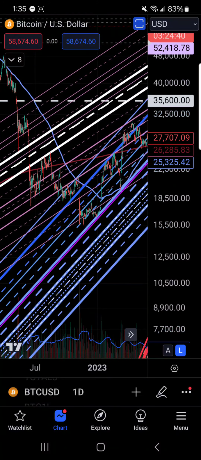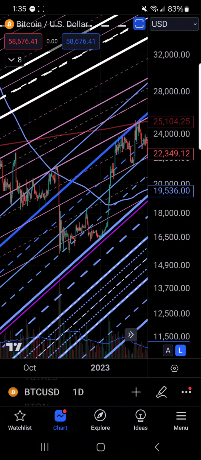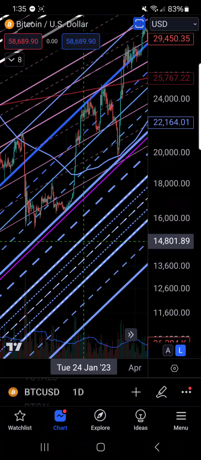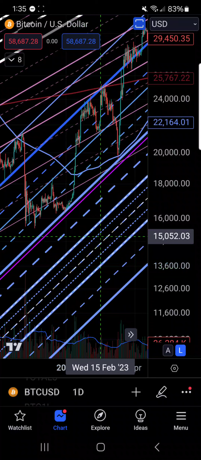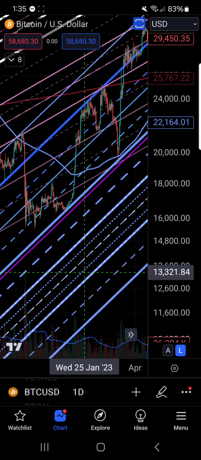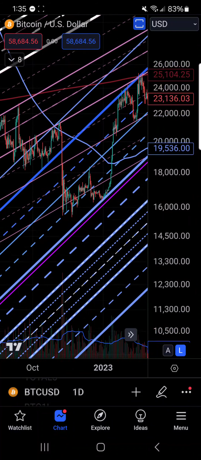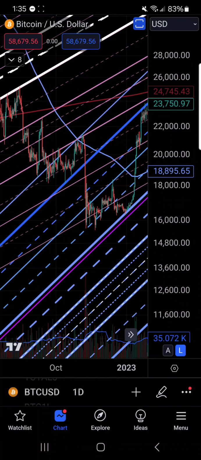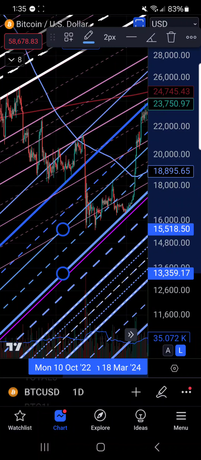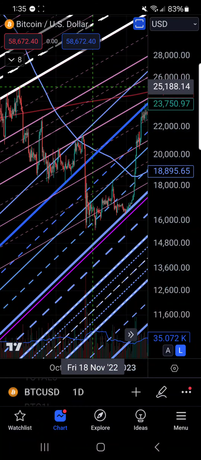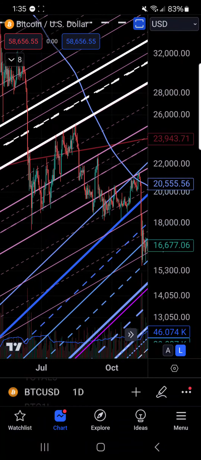And then while we're here, I want to show you that currently price action is in this channel, and I've broken it down into sub channels because these are very, very large, and you'll see that price follows these sub channels as well.